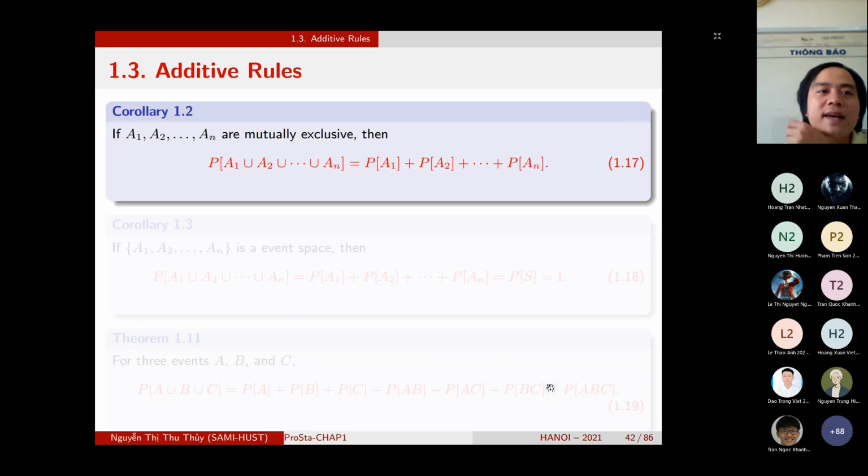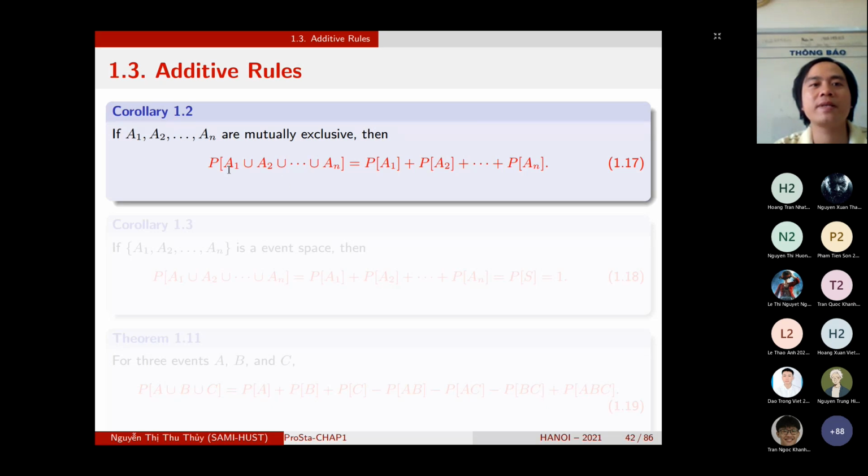And so now we can extend the additive rule for a collection of n finite mutually exclusive events A1 to An, okay.